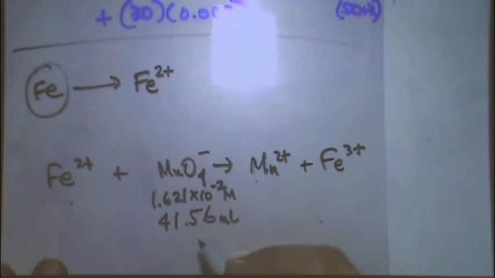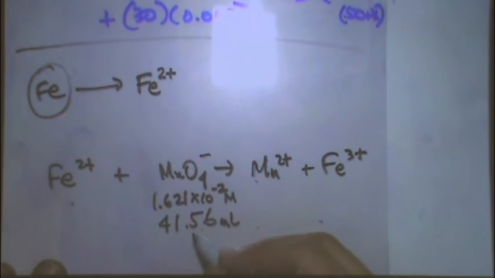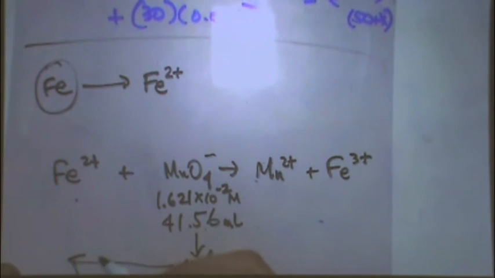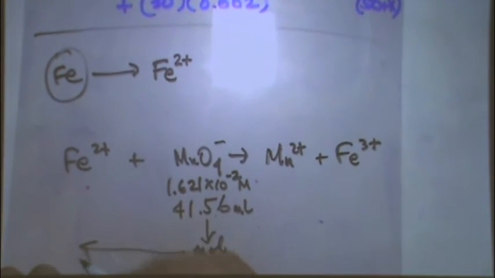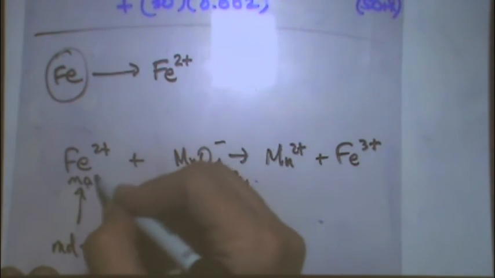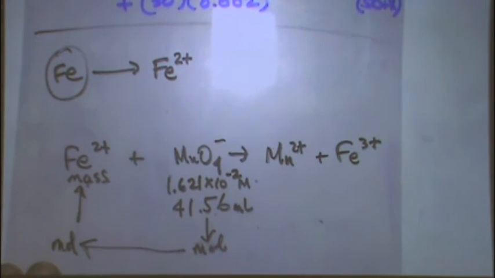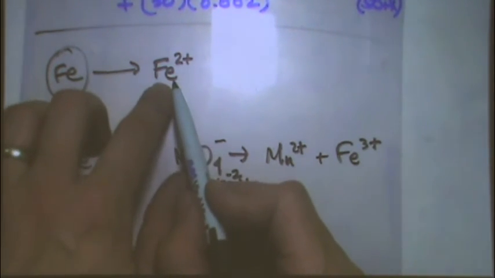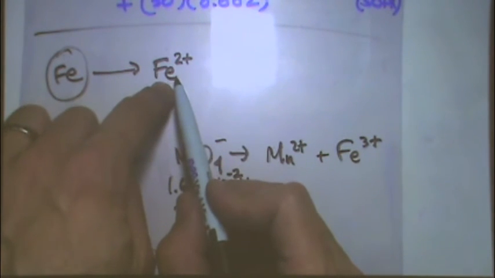So what they want is they want you to change this to moles. Do a molar ratio, which you don't know until you balance it, to get the moles of this, and then change this to mass. Is that okay if I have you do that? Oh, yeah. Okay, good. So then, that mass tells you how much of this there is.